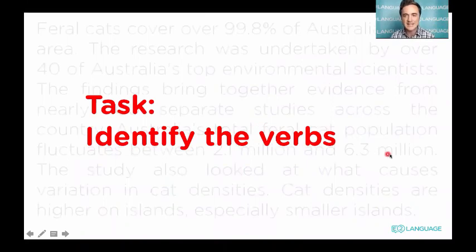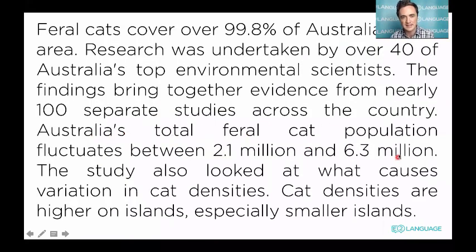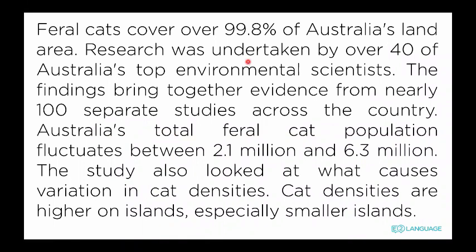I want you to identify the verbs now. Identify the verbs in these sentences. Please type into the chat the verbs of each sentence. Good. Good, good, good. The first one's pretty easy. Excellent, excellent.